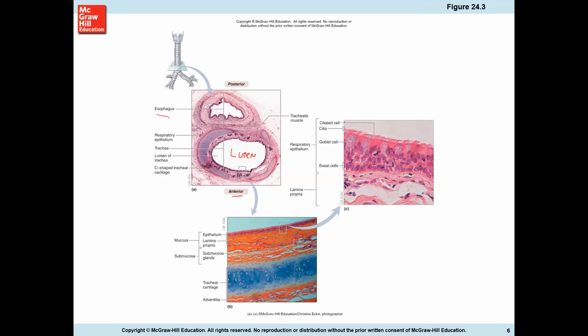Posterior, which is very muscular, circular and longitudinal muscles that bring the food. So you can see clearly the cartilaginous rings. I think there's about 12 to 18 cartilaginous rings that come around the anterior, but not in the back. It's open because that's where the trachealis muscle is. See, it's right adjacent to the esophagus.